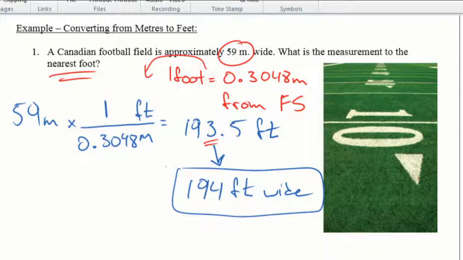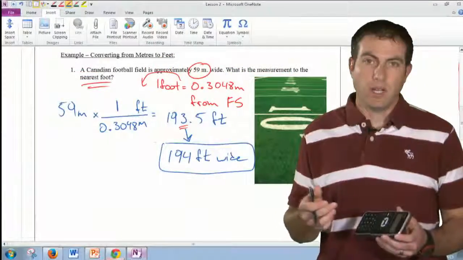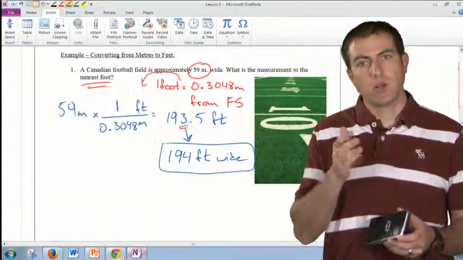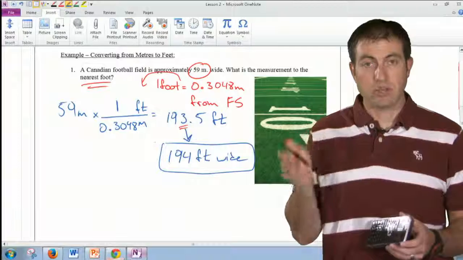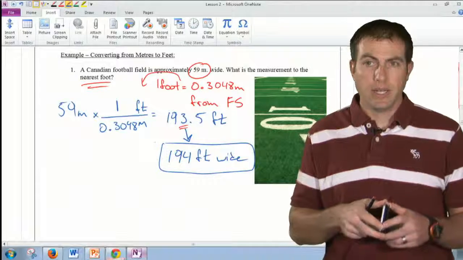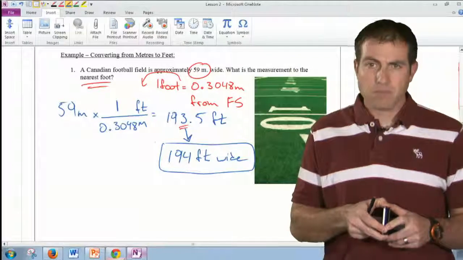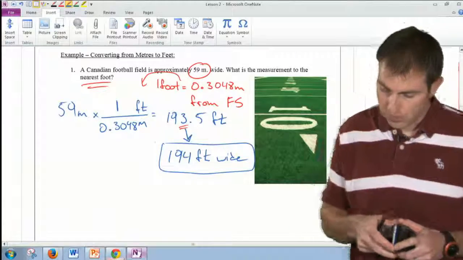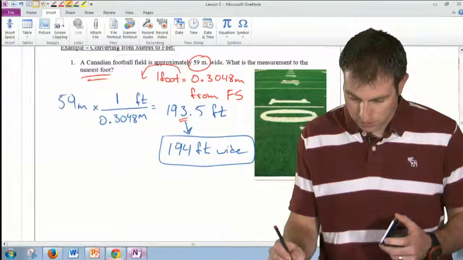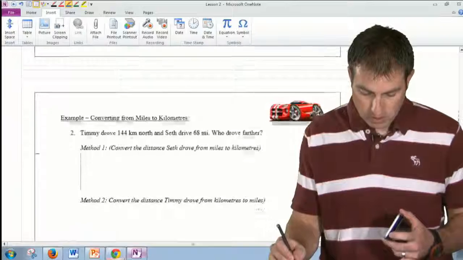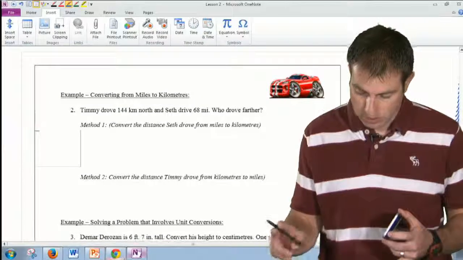So all I've done is just taken my conversion factor from the question off my formula sheet, going from meters to feet. I've just multiplied it and converted to feet. So there's only a couple more questions. This stuff's pretty straightforward, really similar to the sort of conversions that you guys did before.